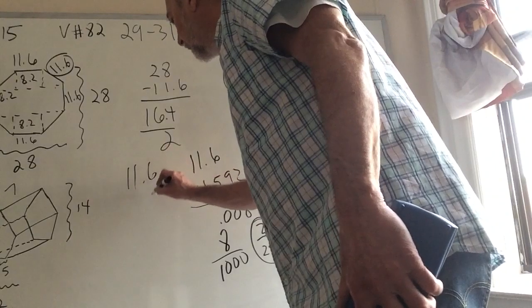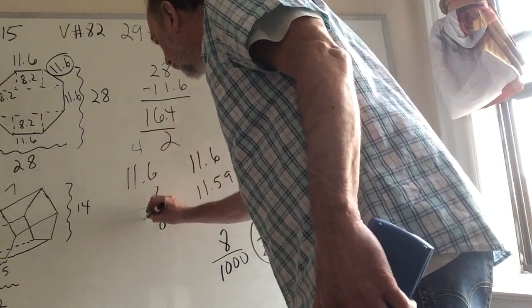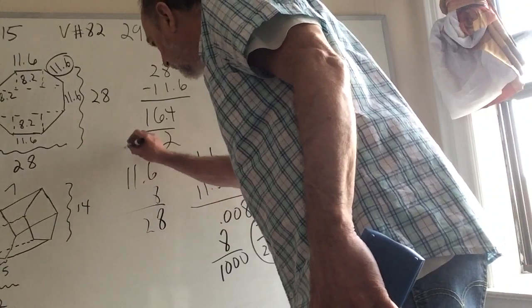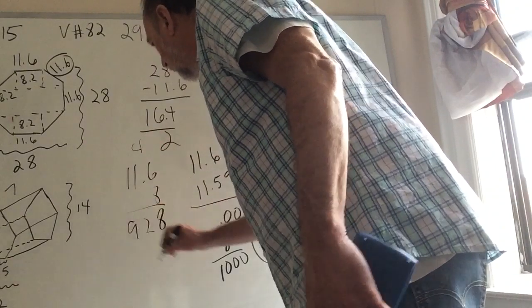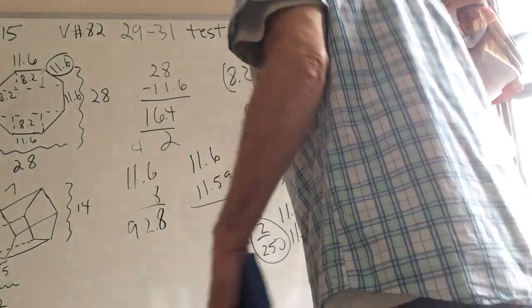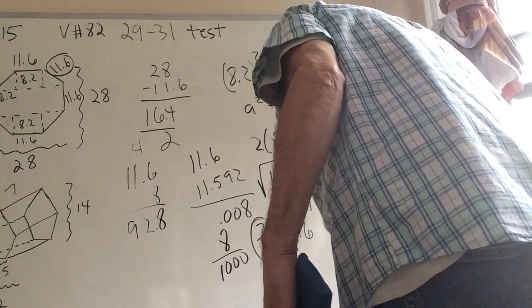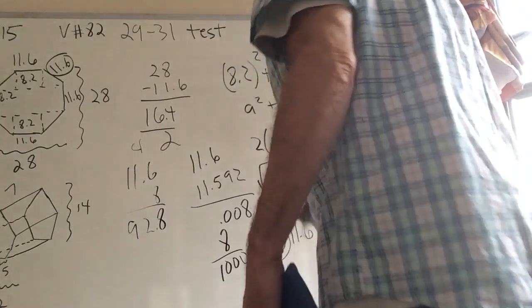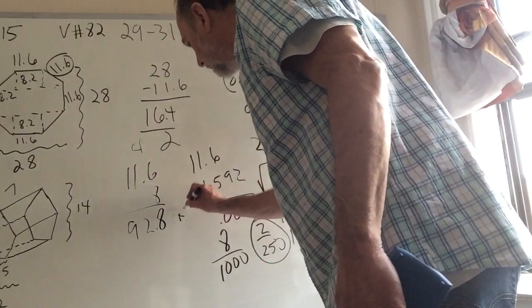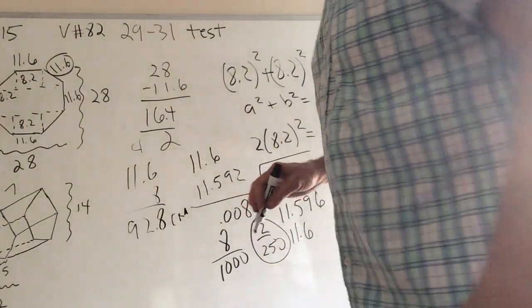Effectively 11.6 times 8, so there's 48, there's 2, and there's 1. So approximately 92.8. And what unit did they use on the test? We're sort of taking things to an extreme here. Centimeters, approximately. Okay, so that was a little aside, as they say in math.